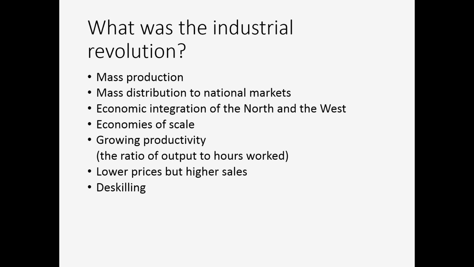Along with this, there's something that we've looked at earlier in the course, and that is de-skilling. If you break down an assembly process or some kind of manufacturing process to a lot of little parts, then you can hire unskilled or low-skilled workers to do each one of these parts of the process and pay them less and be less worried that they're going to go out on strike, because if they do, you can fire them and hire somebody else.